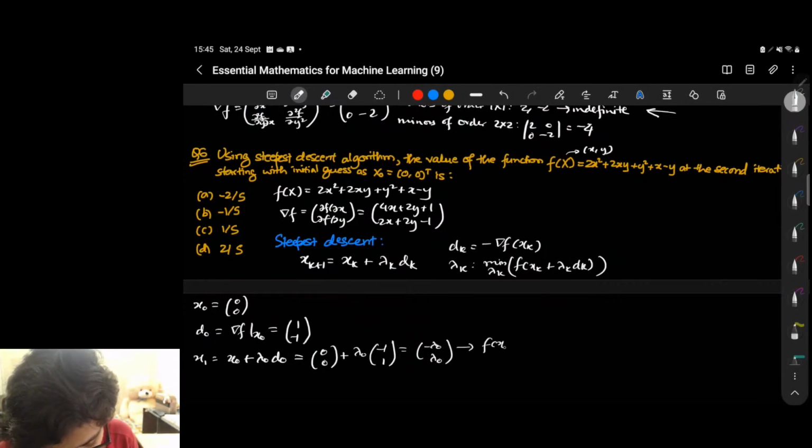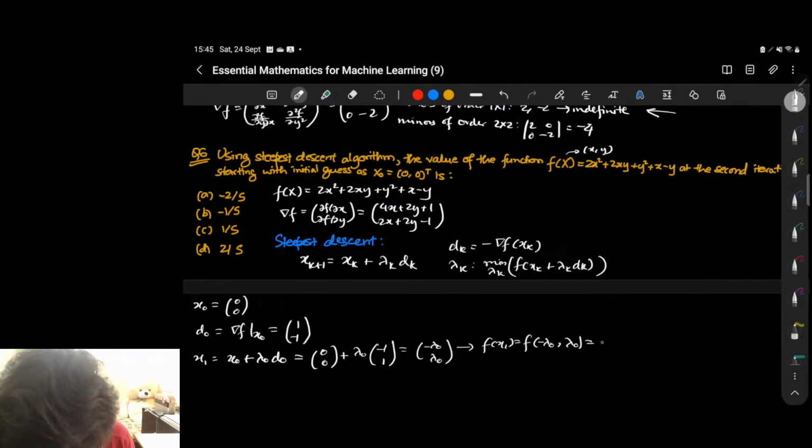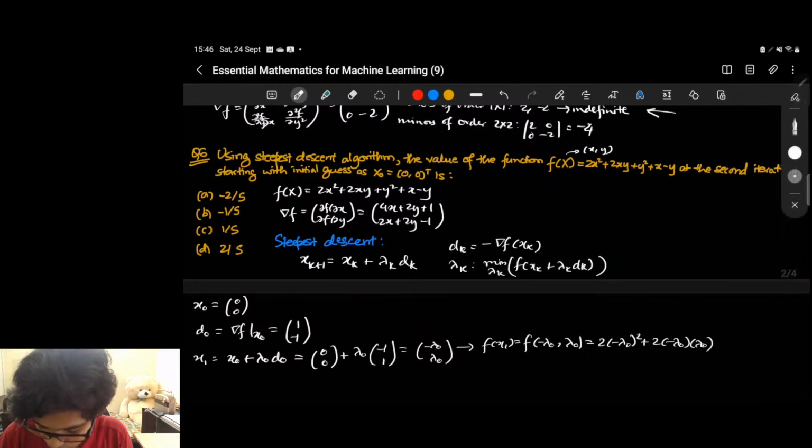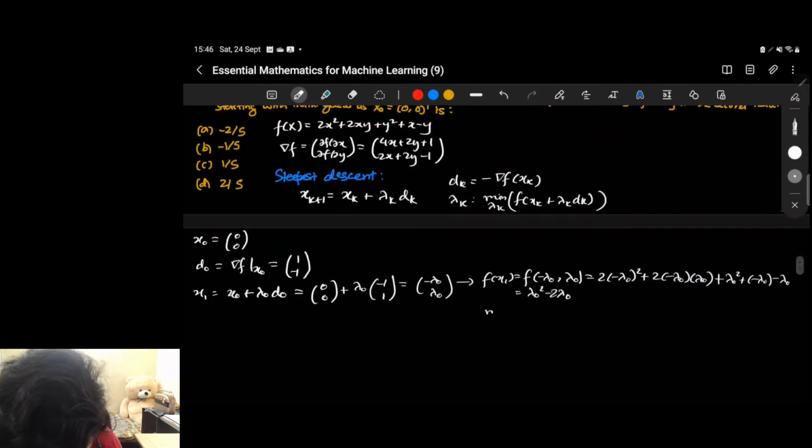So f at x1 is as follows. So this is the function at x1, and minimizing f of x1 means that we need to find the derivative and set it equal to 0.